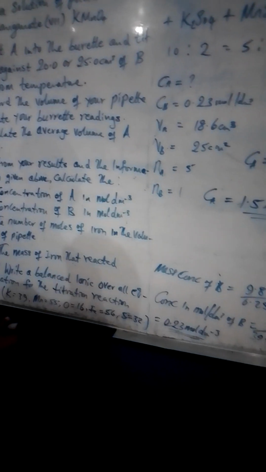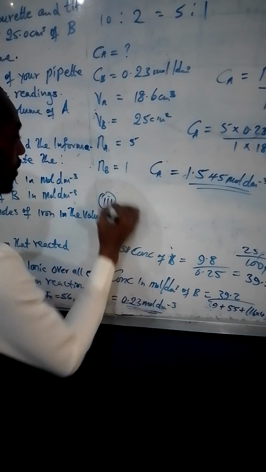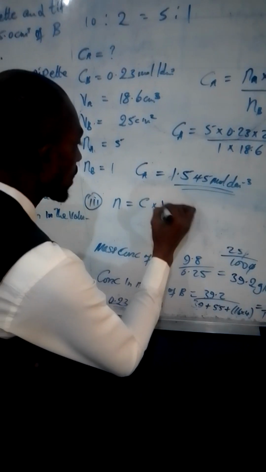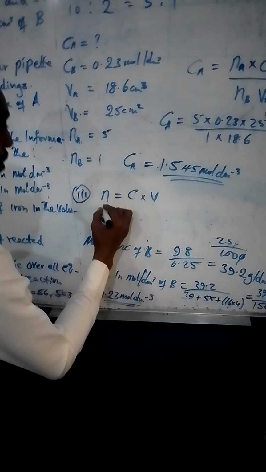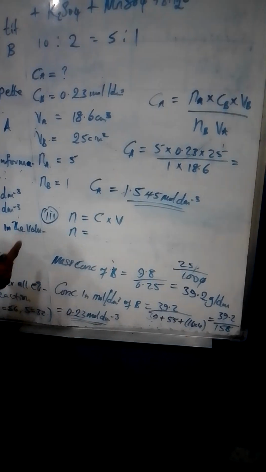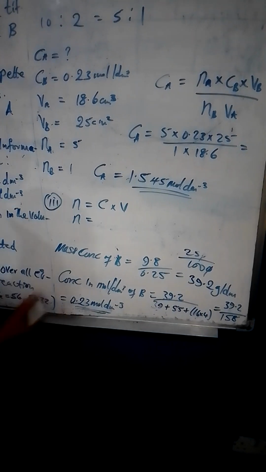We know that number of moles, n, is equal to concentration times volume. Since number of moles is equal to concentration times volume, the concentration of iron is the same thing as the concentration of B, but the volume is the volume of the pipette.